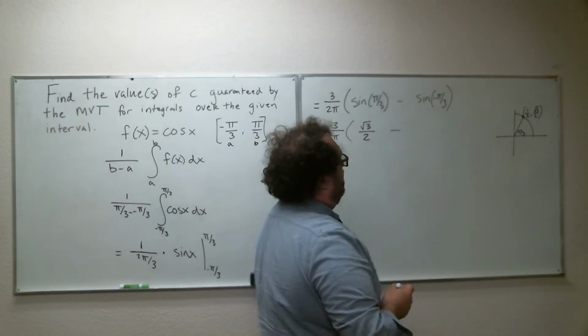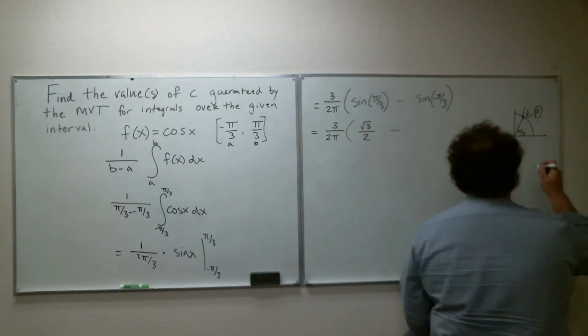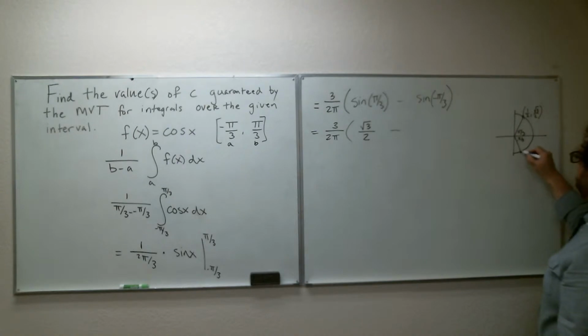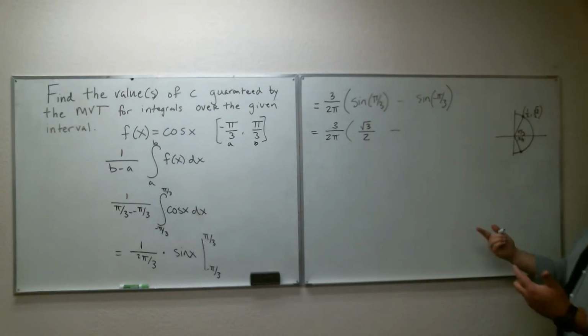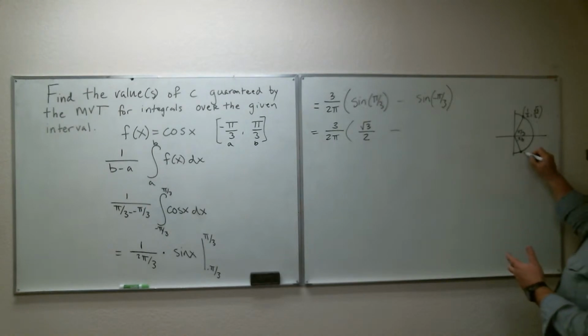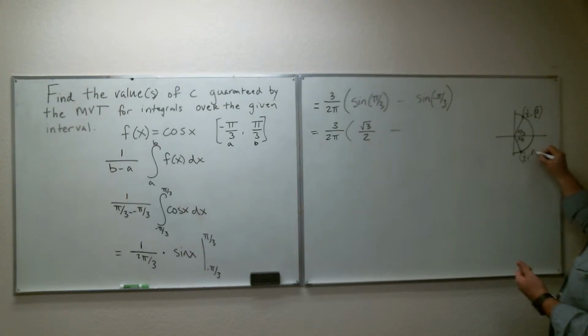minus, oh, I guess we need to think about negative pi over 3 too. We'll draw the right hemisphere. There's negative pi over 3. Now, what are the coordinates of that point? Well, it has the same x value, 1/2. We're still to the right of the origin, but now the y value has to be negative, so negative root 3 over 2.